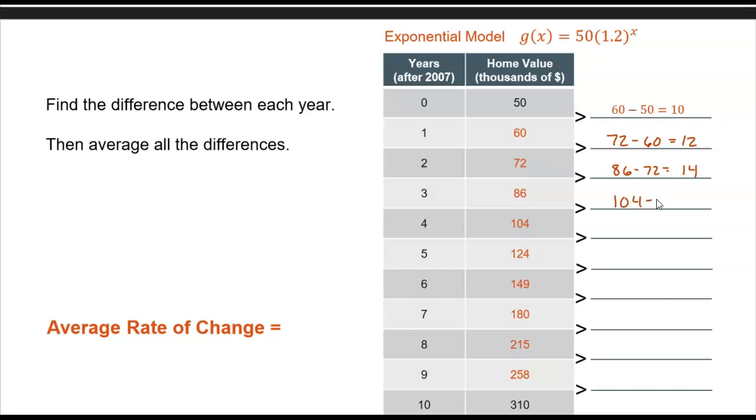So 104 minus 86 is 18. 124 minus 104 is 20. 149 minus 124 is 25. It looks like the pattern is changing. It's growing.